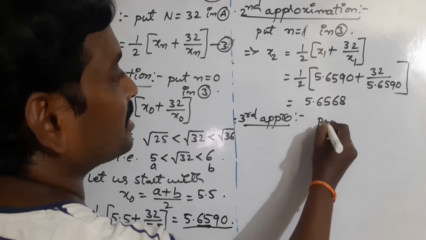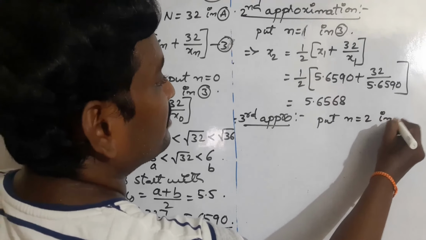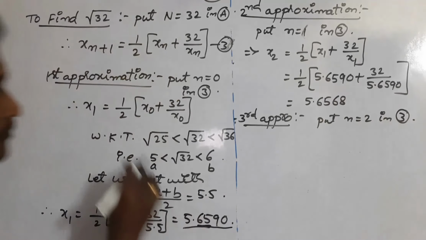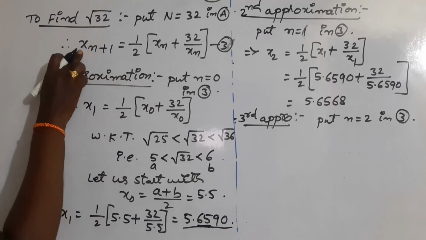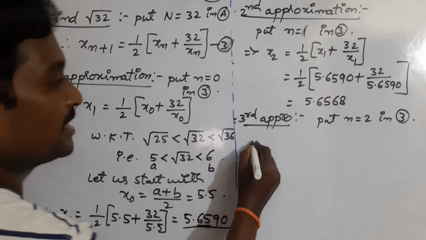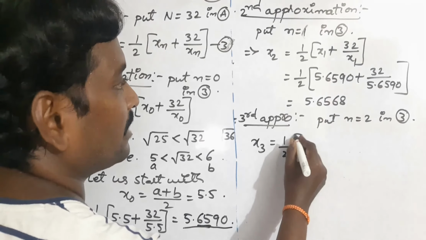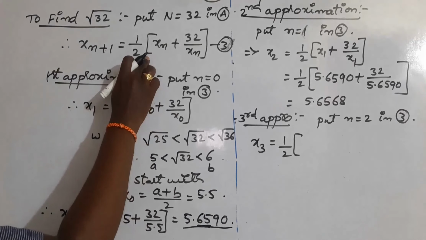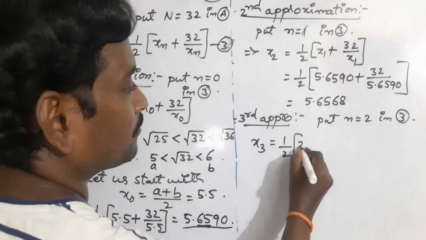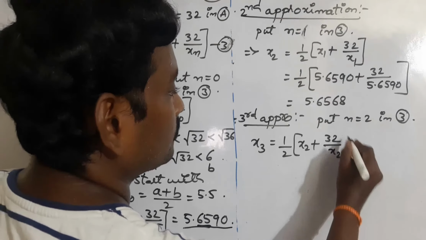For the third approximation, we should replace n is equal to 2 in equation number 3. So you will get x suffix 2 plus 1. Whenever we have n, replace it by 2, you will get x 3, which is the third approximation for the required root. So 1 by 2 of x 2 plus 32 by x 2.